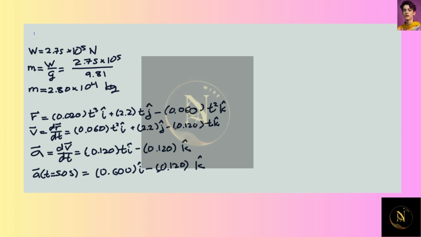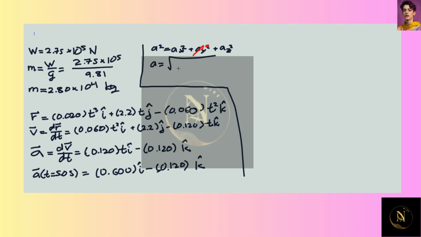Great. Now we are ready to find the magnitude of the acceleration by using the Pythagorean theorem. We saw that the y component already disappeared, so that's going to go to 0, and then we just need to take the square root of the sum of squares of the x and z components.